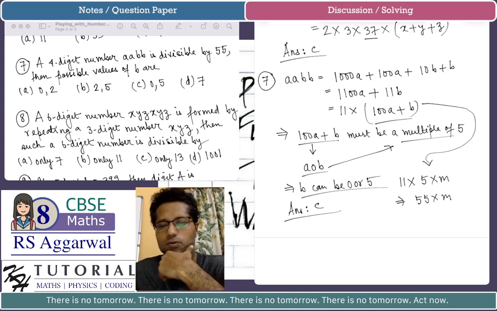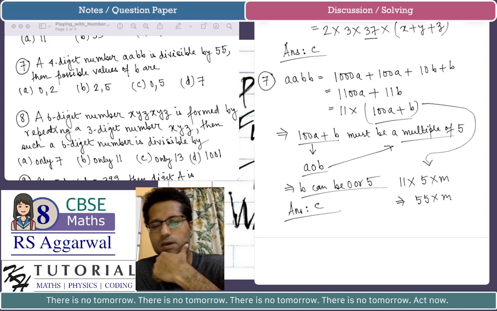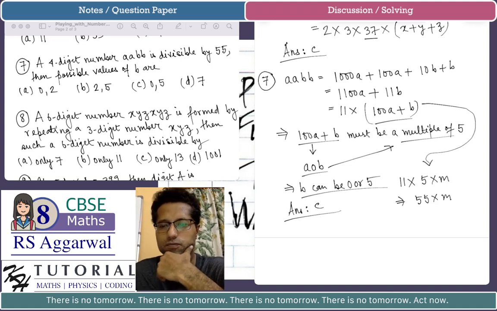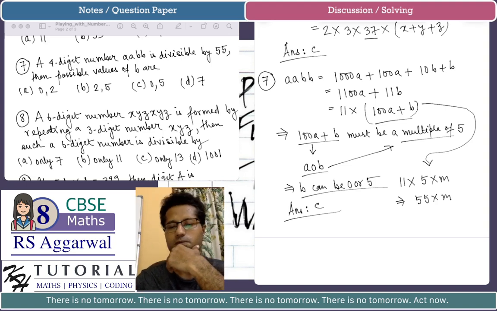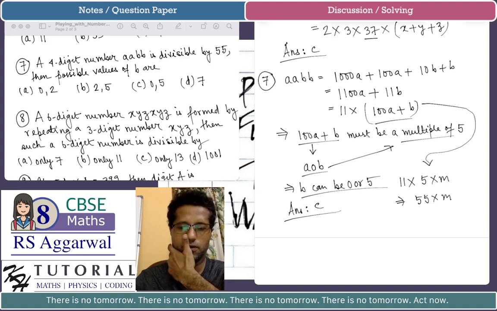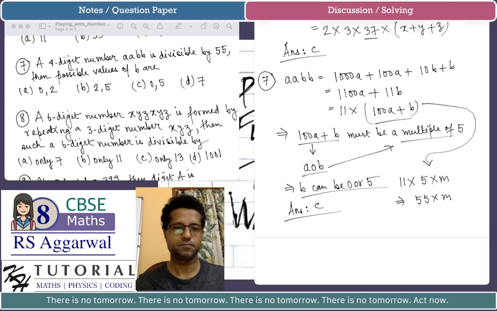Only then will 11 into (100A plus B) be divisible by 55. So we got that 100A plus B is a multiple of 5. Now 100A plus B can be considered as the general form of a 3-digit number A0B. If A0B is a 3-digit number which is divisible by 5, then it is very obvious that the digit at the units place, that is B, has to be 0 or 5.